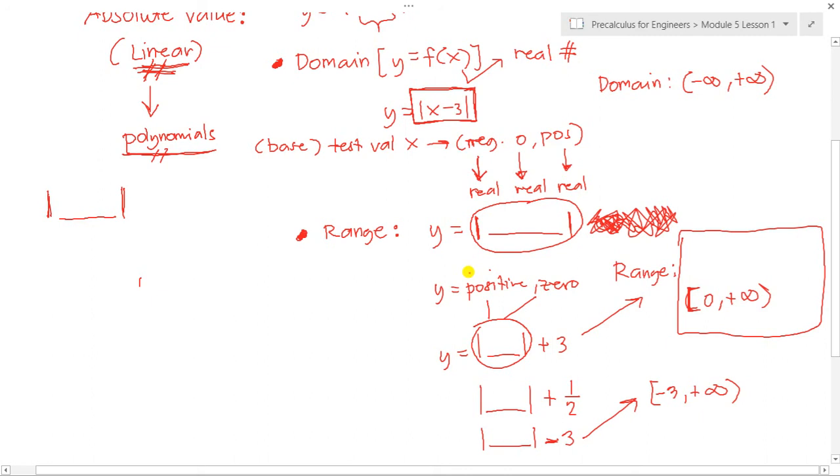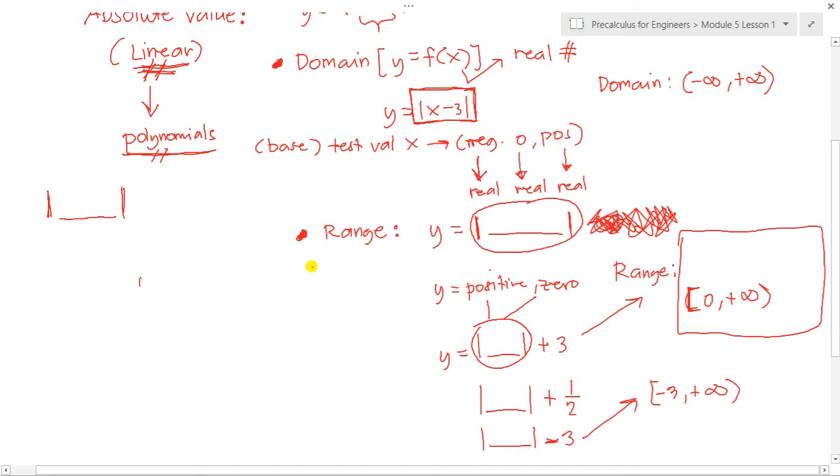Okay, no more questions? Okay, a question. Whole numbers. That's not allowed, from 0 to positive infinity. Or you can also say the set of all real numbers from 0 to positive infinity.